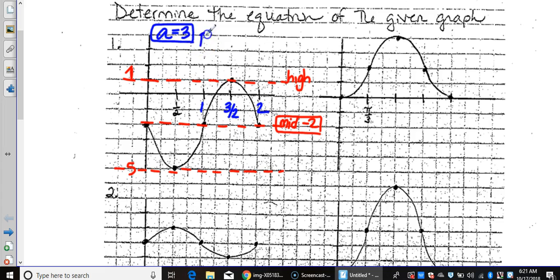Let's calculate the period. I know period will be 2 pi over B. The graph gives me the period. It shows me what does one full period look like. It takes till a value of 2. So I will set this equal to 2 over 1.